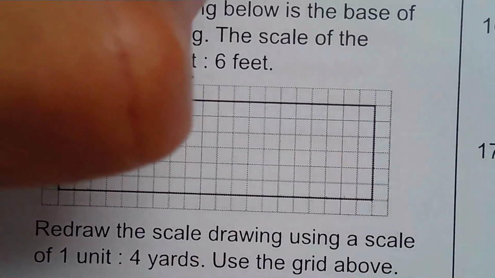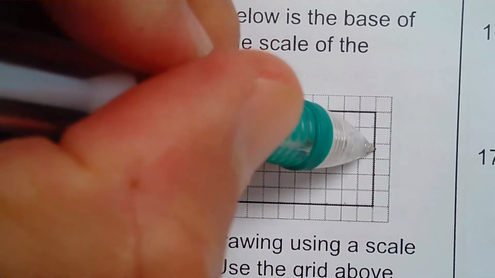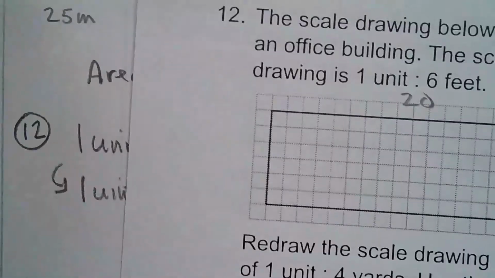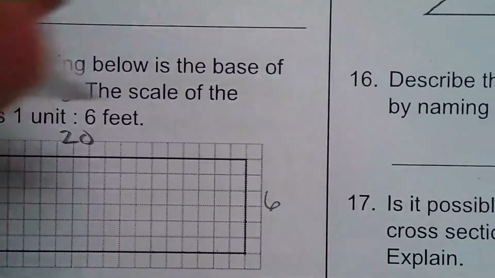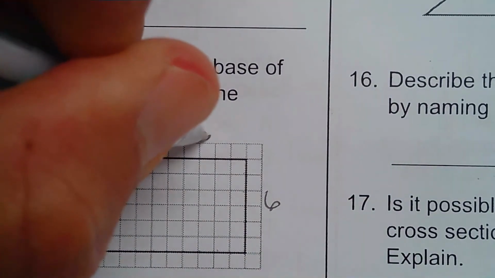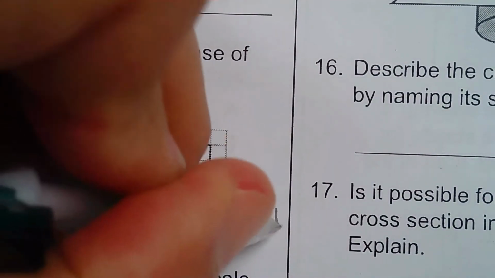So it's 20 units here, and then it's 1, 2, 3, 4, 5, 6. There's 6 units there. So if it's 20 units, 20 times 6 is 120 feet. And then 6 units times 6 is 36 feet.